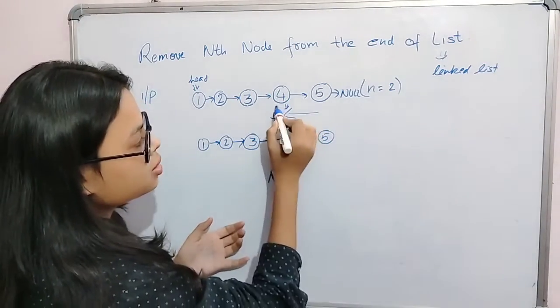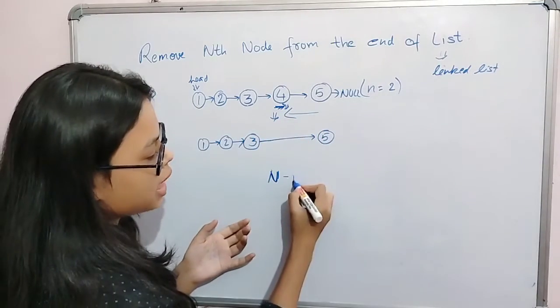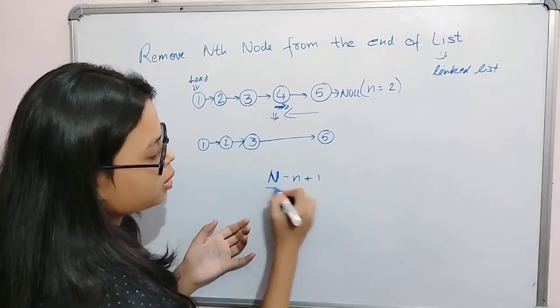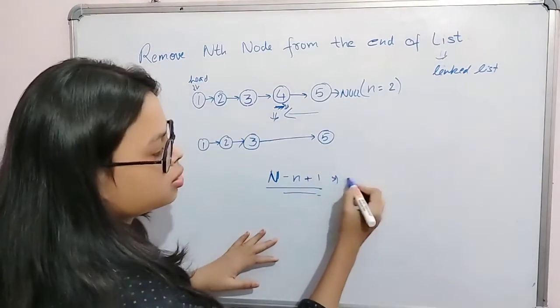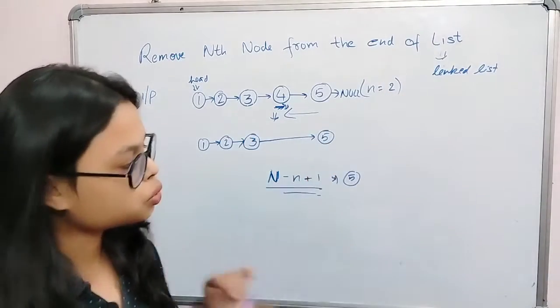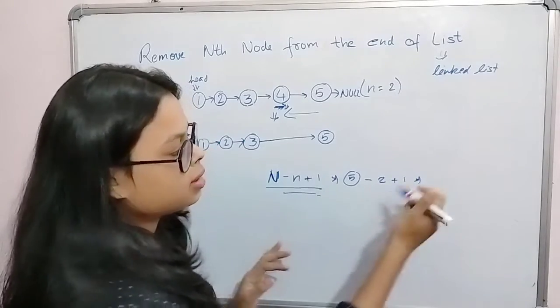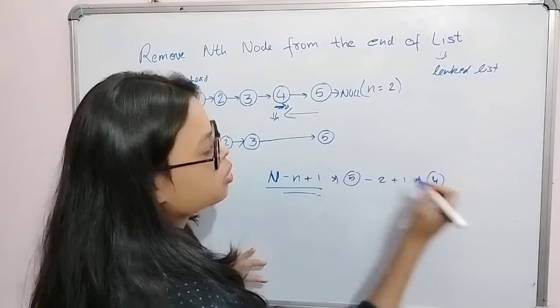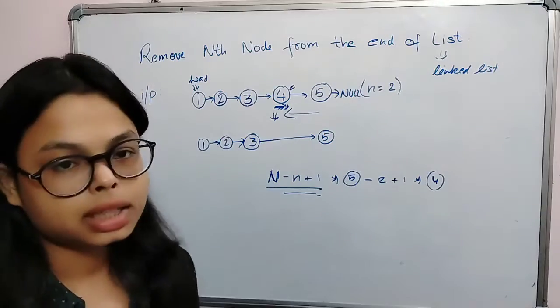To get the second node from the end, counting from the beginning, we have this formula: n minus N plus 1. Let's say n is 5 and given small n is 2, so 5 minus 2 plus 1 gives us 4. So we get the fourth element, the one that we have to delete.